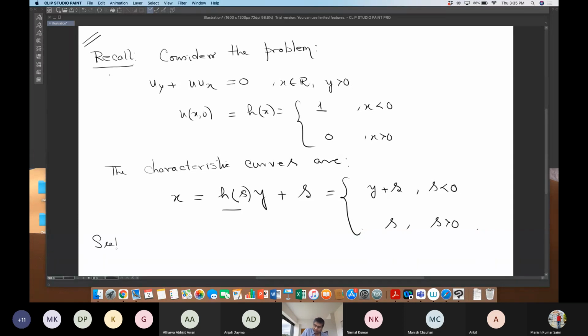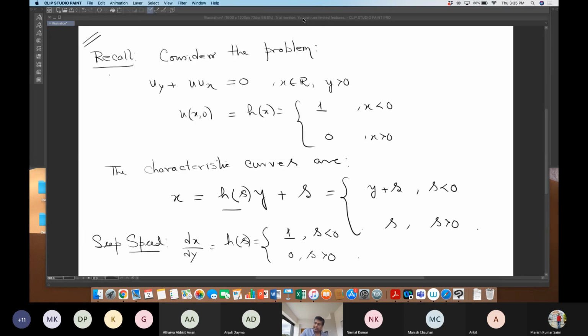So the speed of the curve, dx by dy, is h(s). So this is 1 if s is negative, 0 if s is positive.